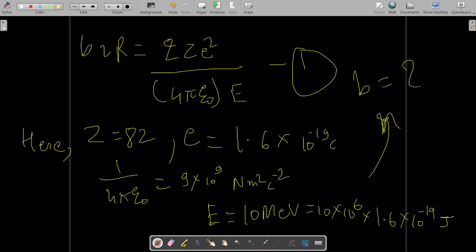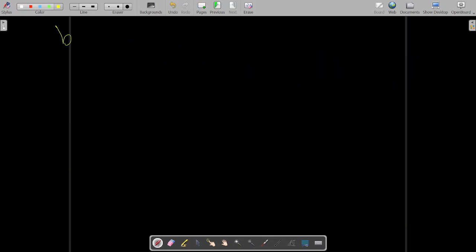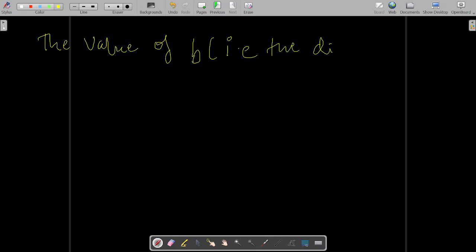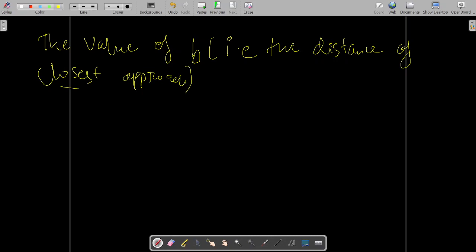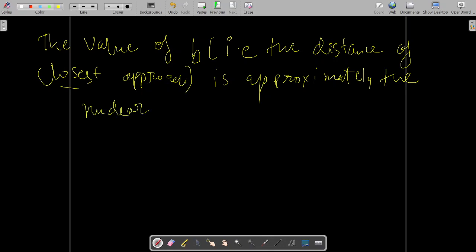And after you get the value of B, you can write that the value of B, that is the distance of closest approach, is approximately the nuclear radius.